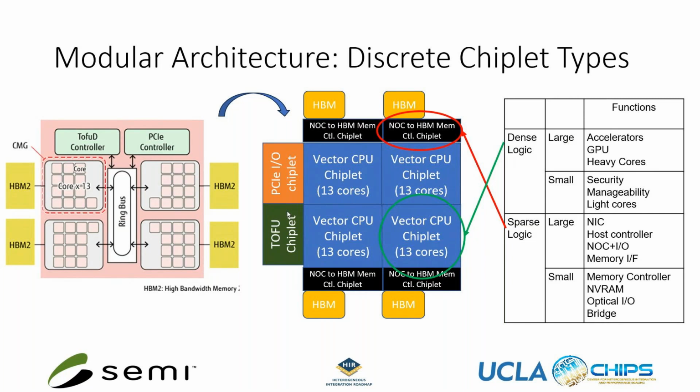What is interesting is you can break it down into two types of chiplets. You can break it down into square chiplets, which are dense logic, which can also be your accelerators, your GPU, your heavy cores and everything else. And you can break it down to tall, thin chiplets, where IO is much heavier relative to the compute inside the chiplet. Things like your NIC, your host controller, your memory interface can all be tall, thin chiplets.